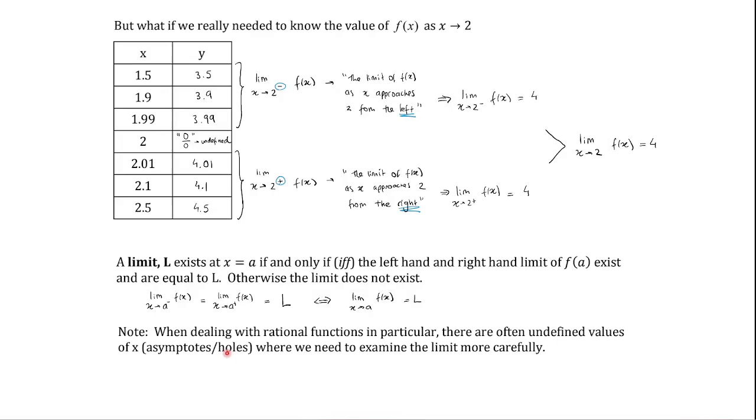What is the difference? Well, an asymptote, if we cannot cancel it out, then we already know it's an asymptote, right? So if we cannot cancel it out, it's an asymptote. If we can cancel it out, then it's a hole.